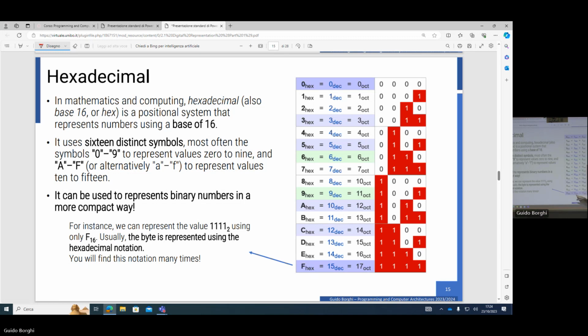15, or F, is the maximum value that we can represent with 4 digits. Maybe you remember the formula: B to the K minus 1, where B is 2 and K is 4. 2 to the 4 is, I don't know, 16.